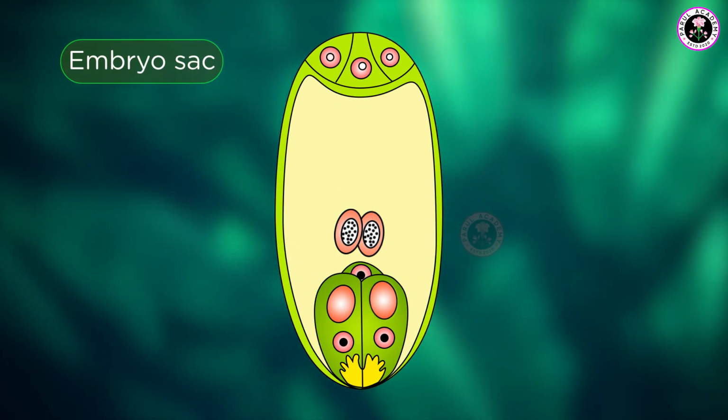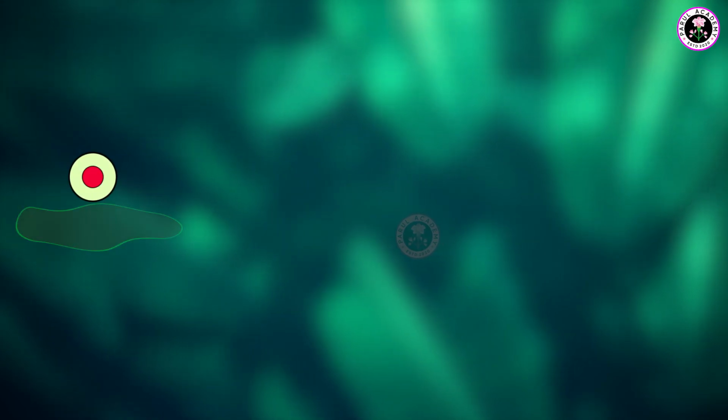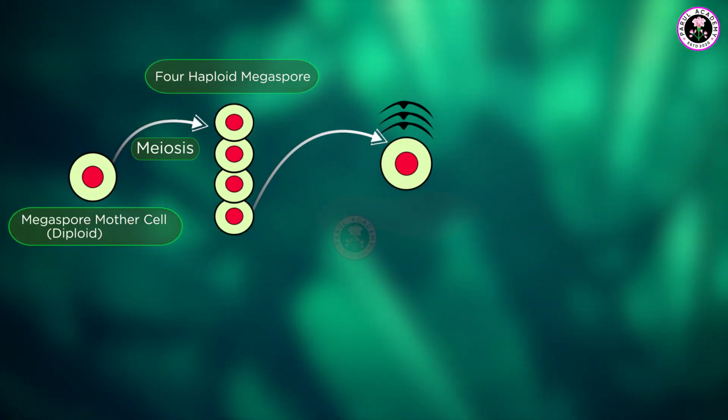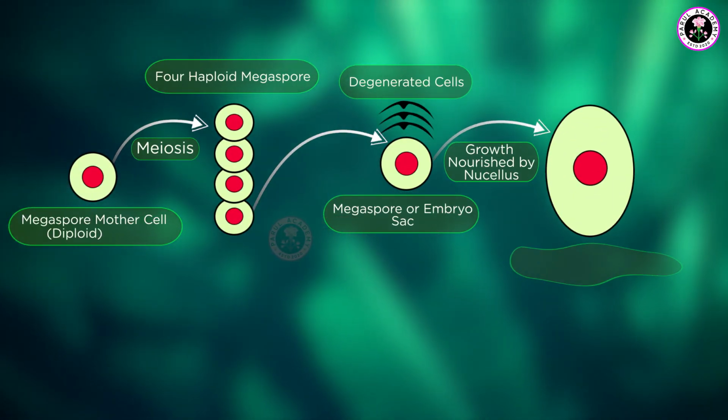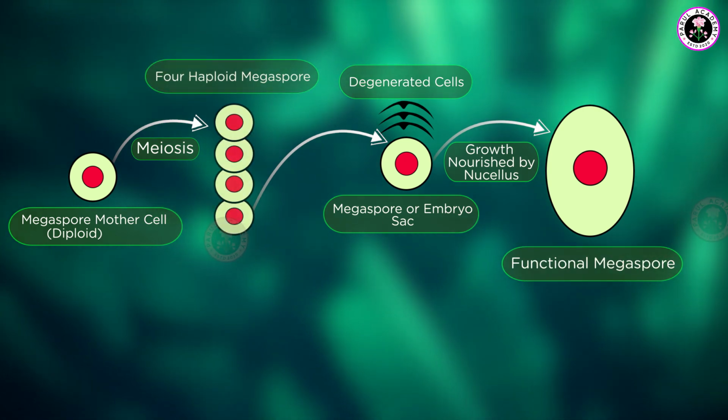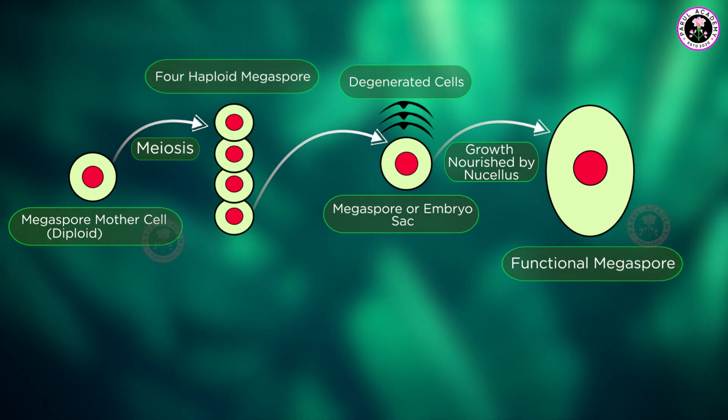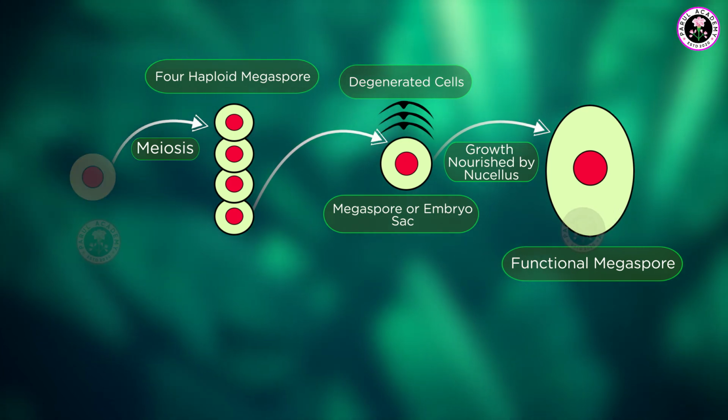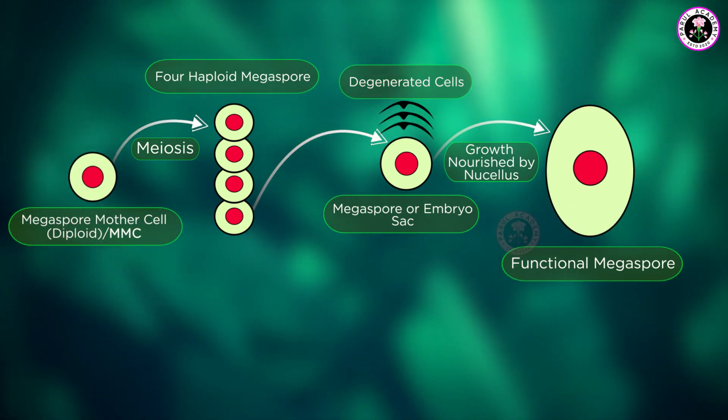This embryo sac is usually formed from a haploid megaspore cell, also called the functional megaspore. This haploid megaspore cell is formed from the diploid megaspore mother cell, MMC.